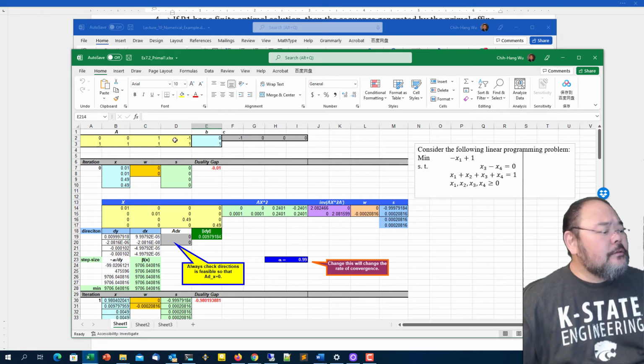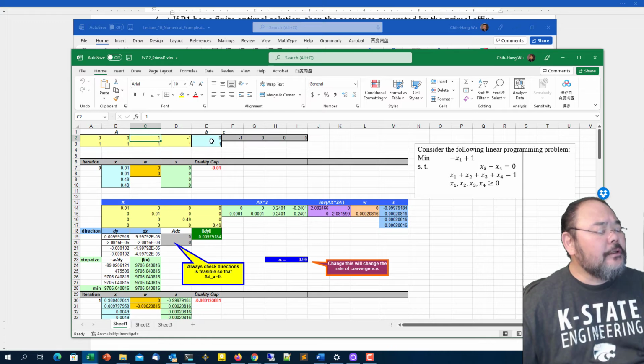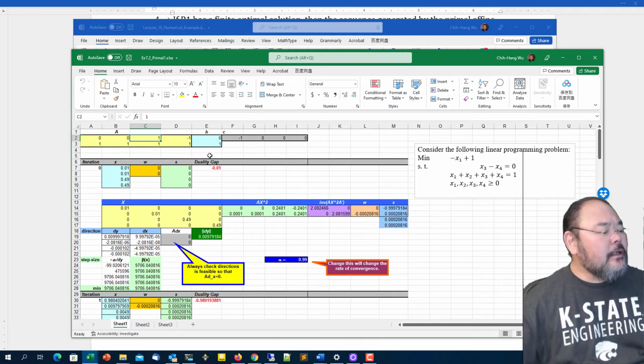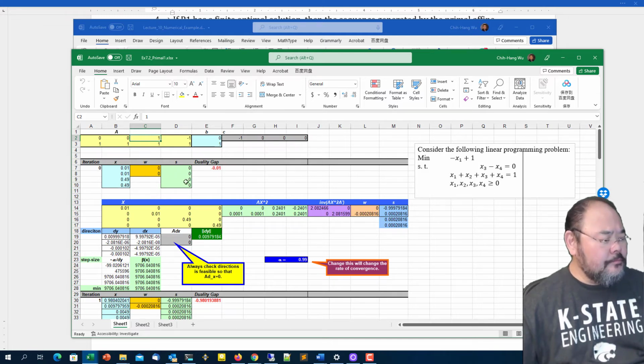So this is fairly simple. The A matrix is the yellow area, the blue area is the b vector, and the c vector is the gray area. We can choose an initial primal solution, initial dual solution, and initial dual slack solution, and the duality gap to begin with equals negative 0.01.